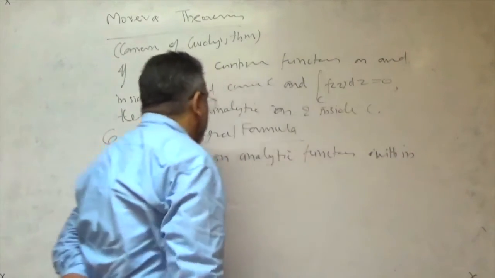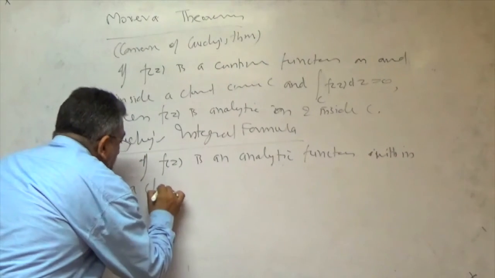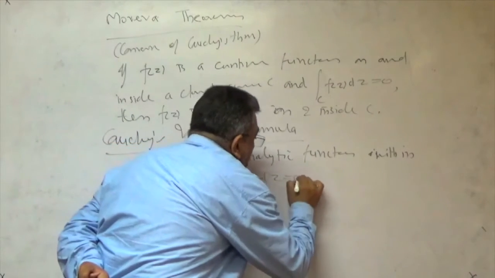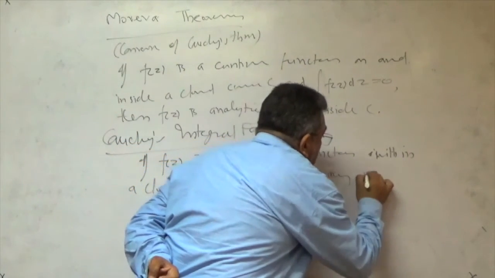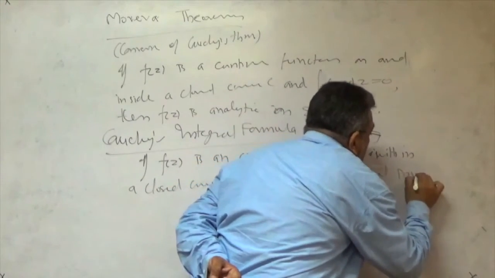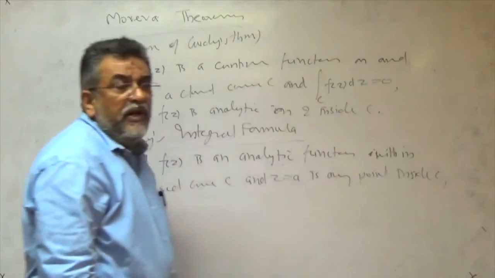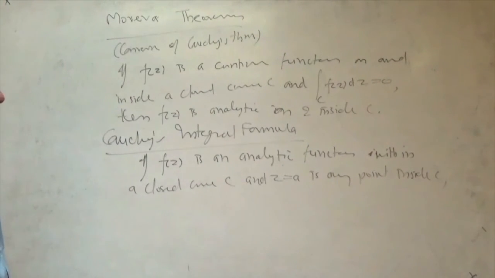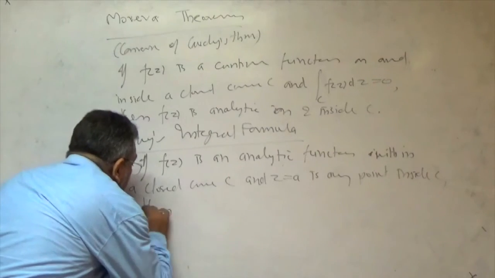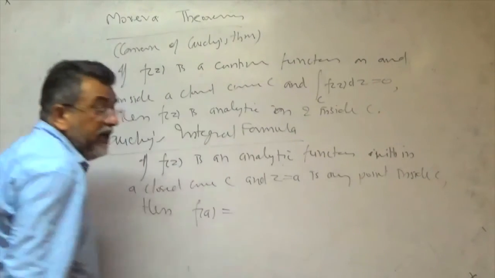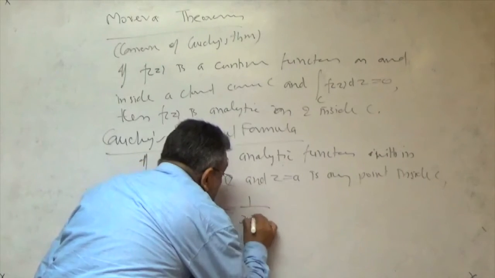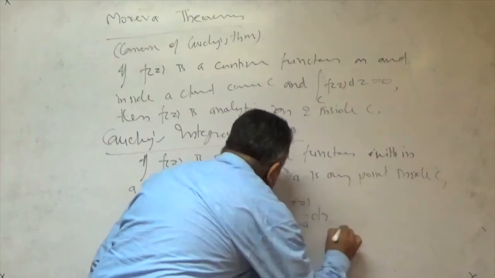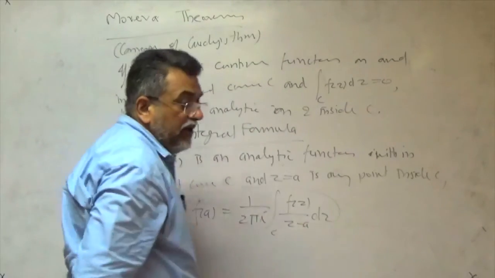If f(z) is an analytic function within a closed curve C and z = a is any point inside C, then f(a), the value of the function at point a, can be expressed as 1 upon 2πi times the integral over C of f(z) upon (z − a) dz. This is Cauchy's integral formula.